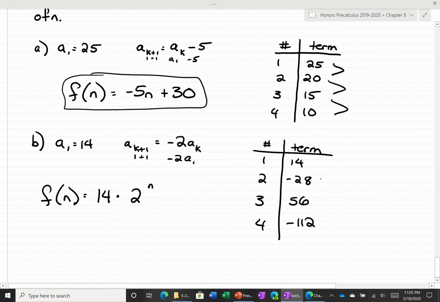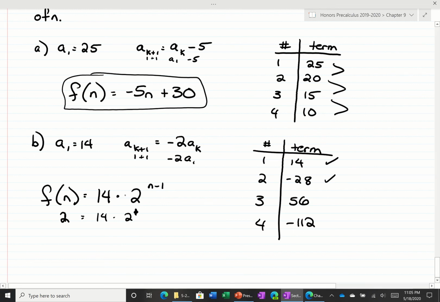So that's here, but we want to be like over here. So let's make this n minus 1. 14. So for the first term, if n was 1, it would be 14 times 2 to the 0, which is 14. With 28, that would be the second term. 14 times 2 to the first. Looks like that happens. But how can we deal with the negative?